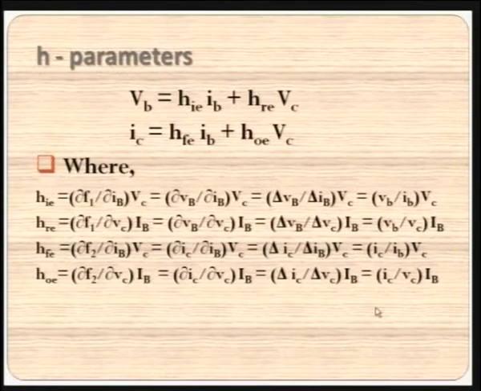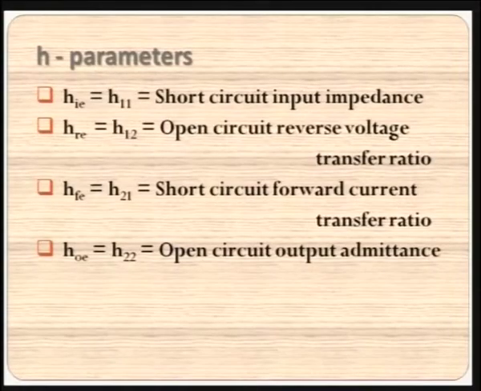Now, these 4 H parameters are called by specific names, which I have mentioned. So, let us see them all together. What are the names by which these H parameters are called? The HIE is equivalent to the H11 term, which we used in the previous lecture, and is called the short circuit input impedance.